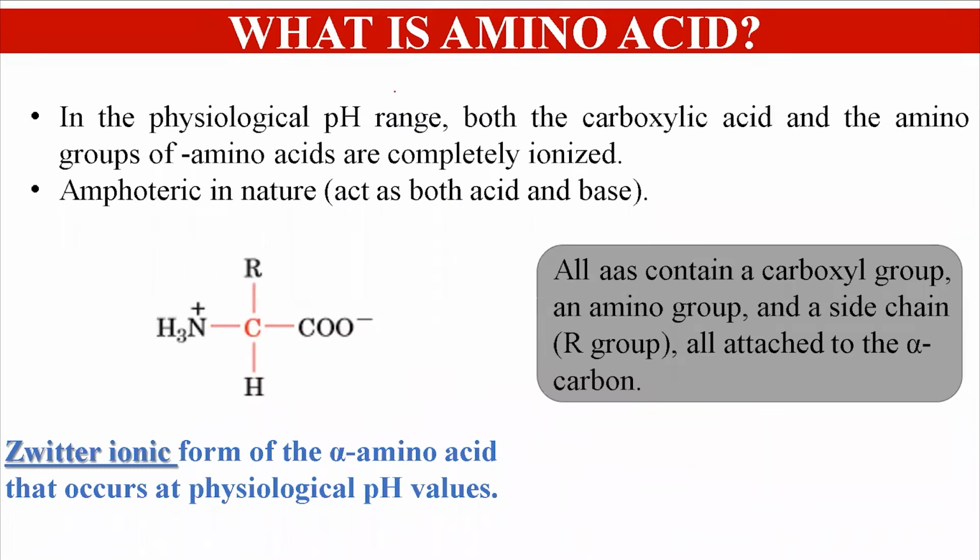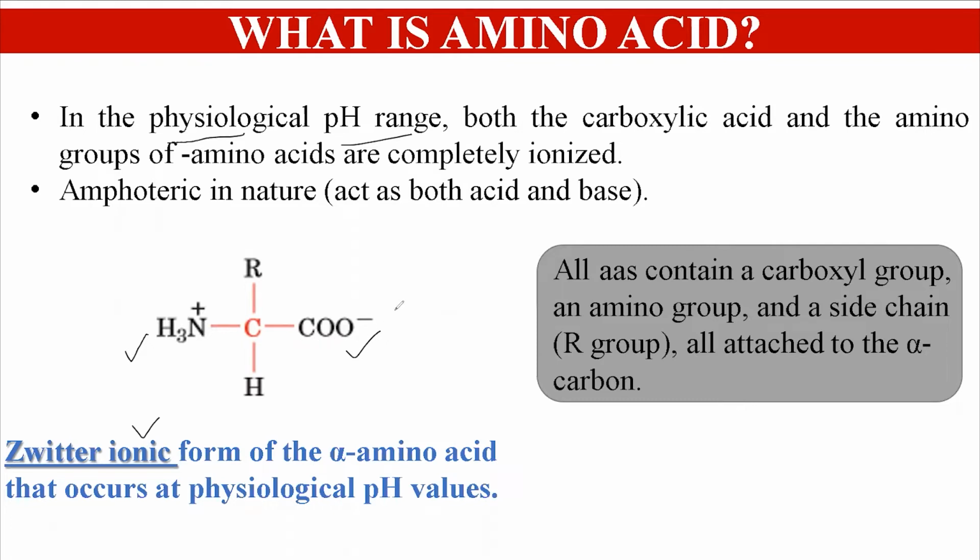Okay, so when we talk about the amino acids existing under living conditions, which are called the physiological pH range, inside the living bodies the amino acids exist in the form of Zwitter ions, right? Zwitter ions basically means that these 2 groups attached to the amino acid are present in their ionic form.